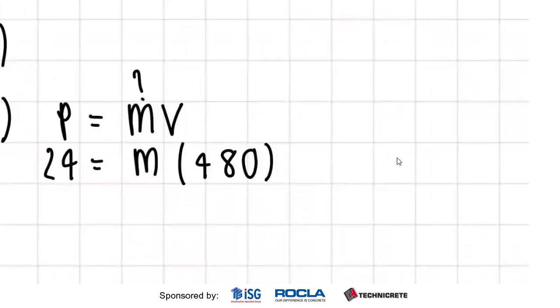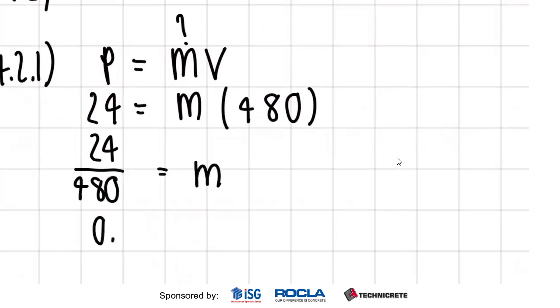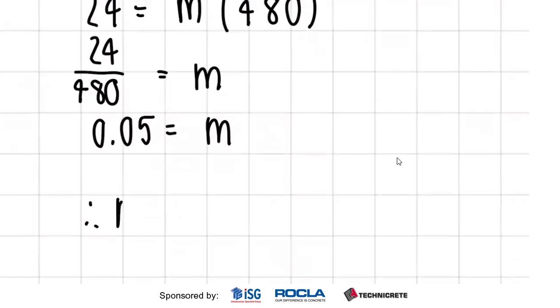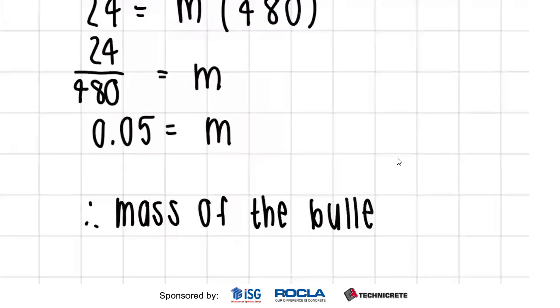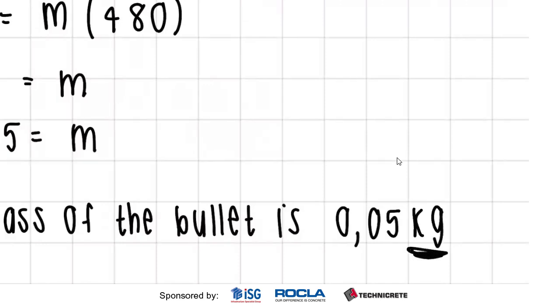Now to find the mass, we go 24 divided by 480, and that is 0.05. Therefore, 0.05 kilograms. Do not forget the unit, please.